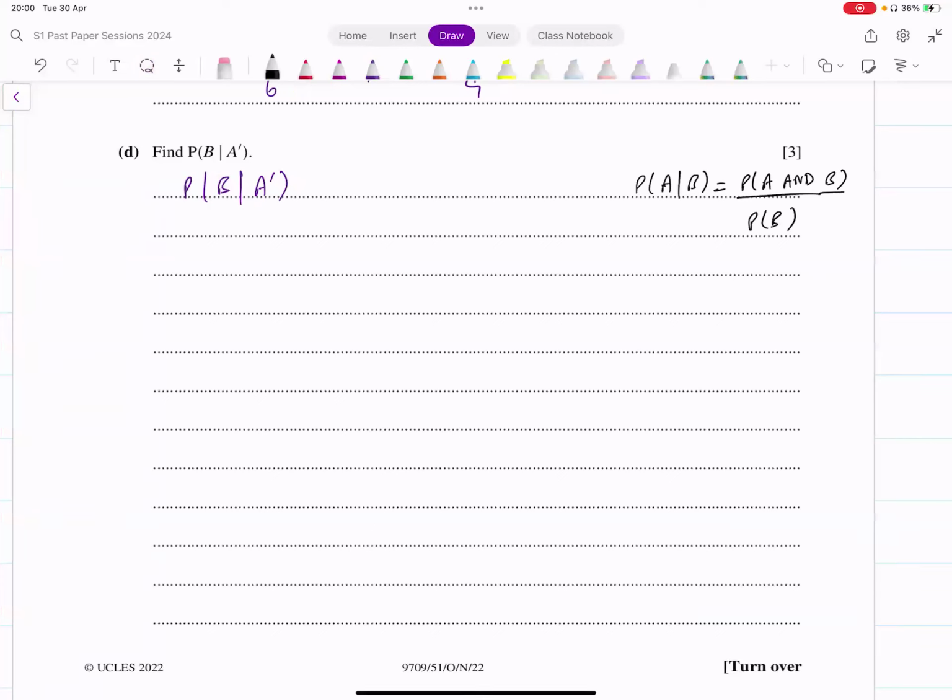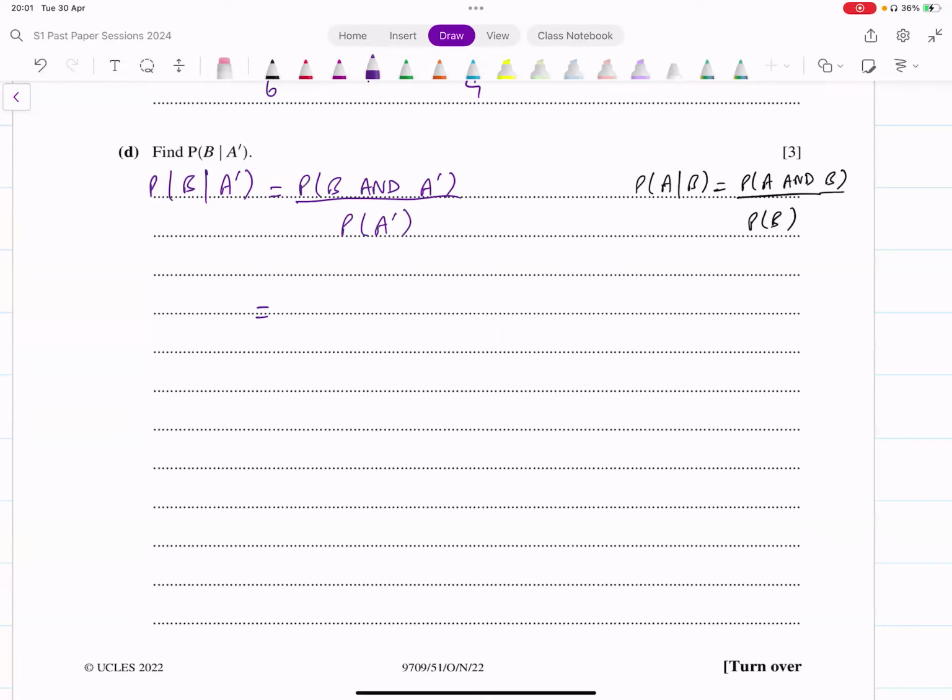Now they're saying find the probability of B given that A is not true. Using the conditional probability formula, in the numerator you have the probability of B and A not being true. In the denominator, you have the probability of A not being true, A complement.